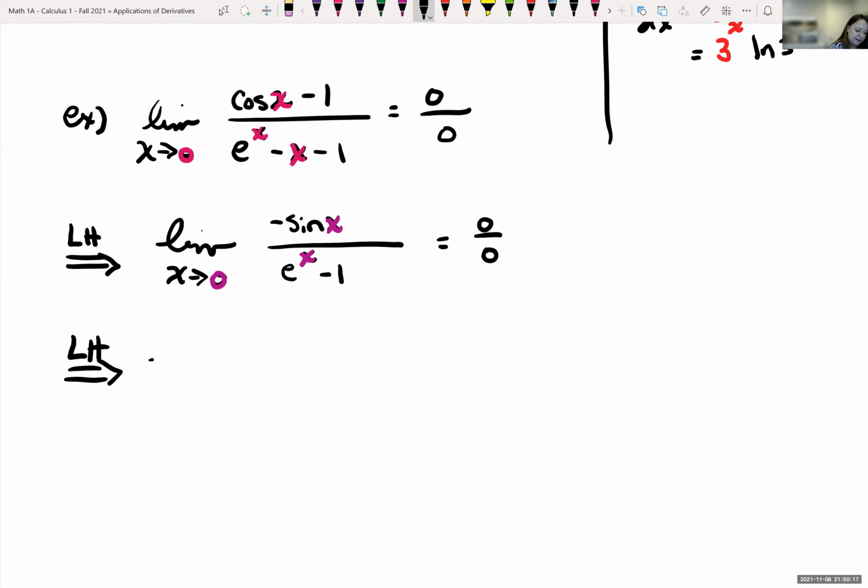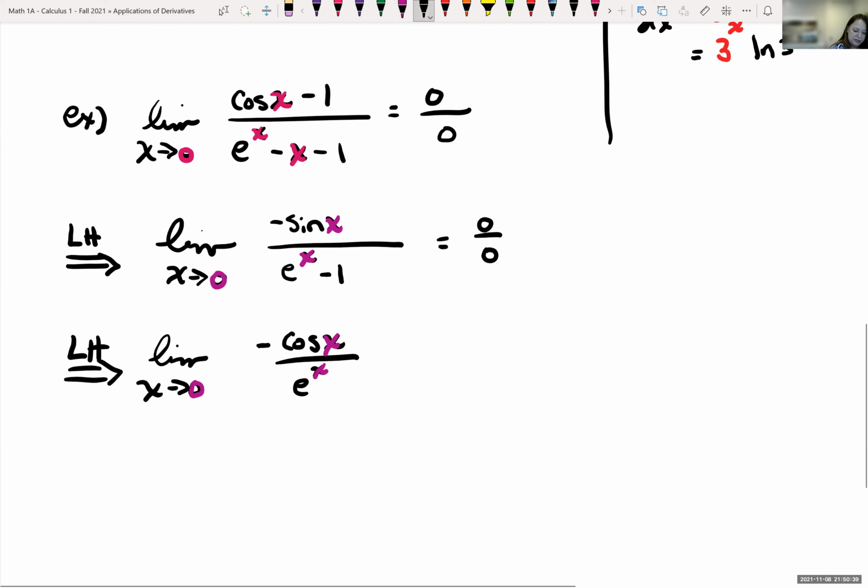So if I look at the limit as x goes to 0, derivative of negative sine x. So derivative of sine x is cosine x. So I have that minus in front because of the negative. So I have minus cosine x. Derivative of e to the x is e to the x. Derivative of 1 is 0. Do your direct substitution.